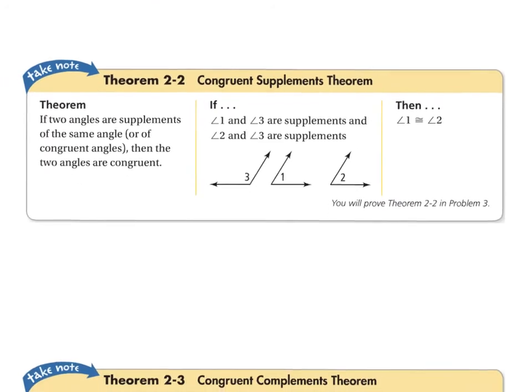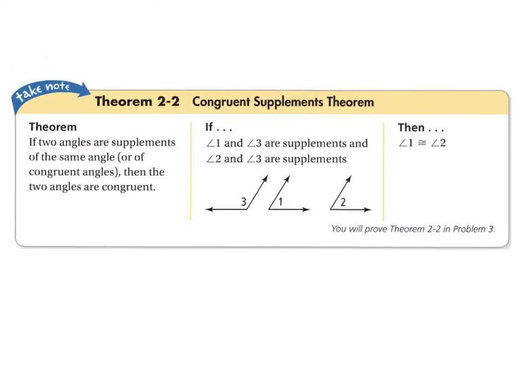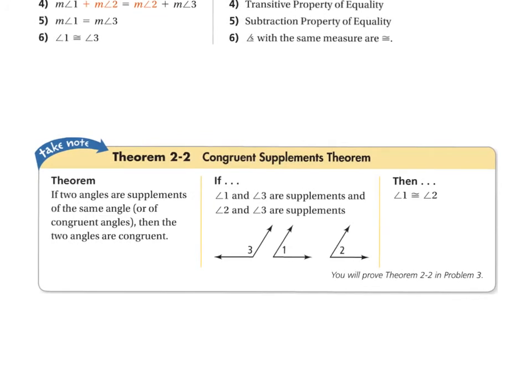Moving on down, the next theorem we're going to talk about is the congruent supplements theorem. When you hear the word supplement, what do you think of? I think of supplementary, and that's exactly what this means. Remember, supplementary means they equal 180.